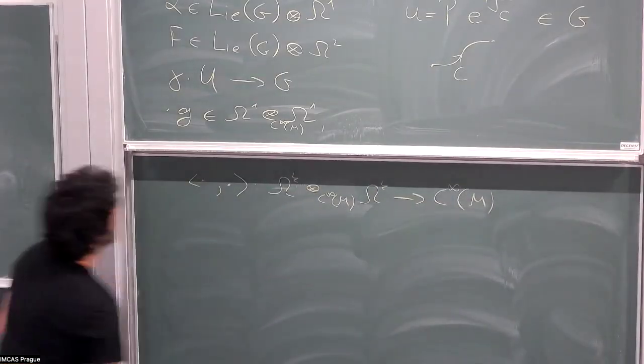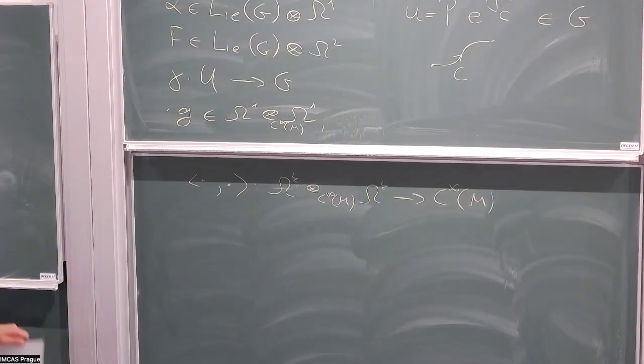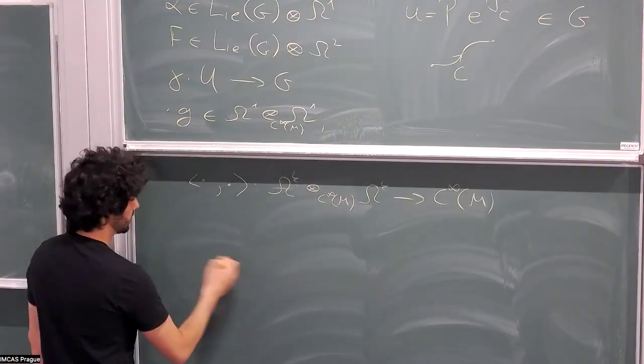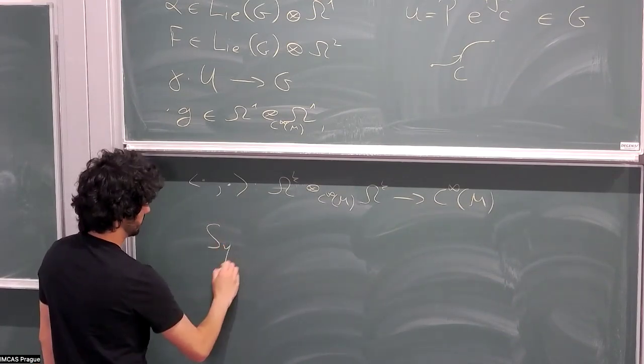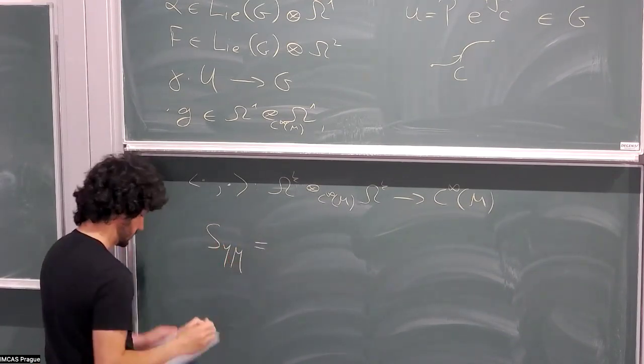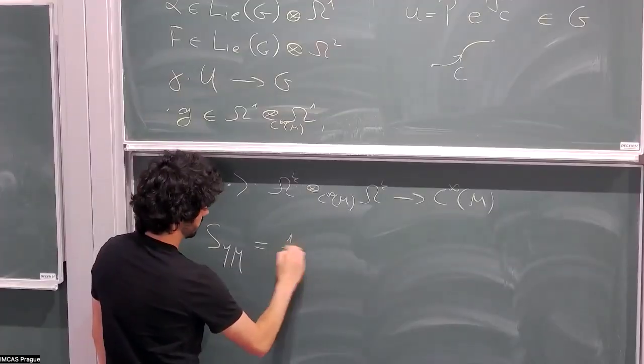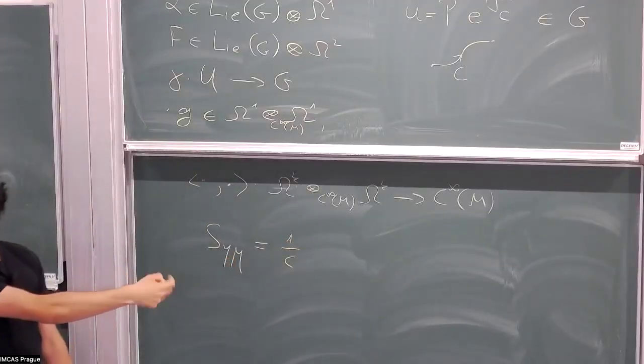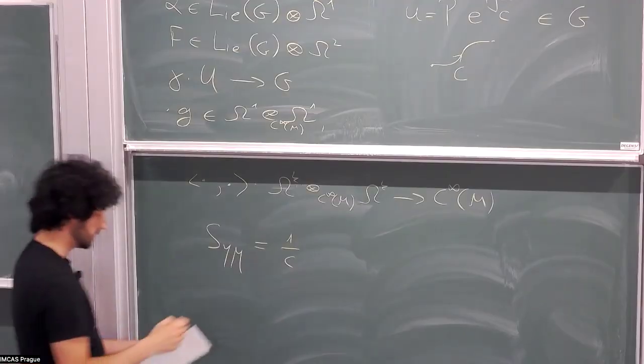Having all of this mathematical structure, we want to encode the physics, and the physics are usually encoded through the action functional, which for us is the Yang-Mills action, and it will look something like this. It's 1 over c, which is called the coupling, how much particles interact with each other.